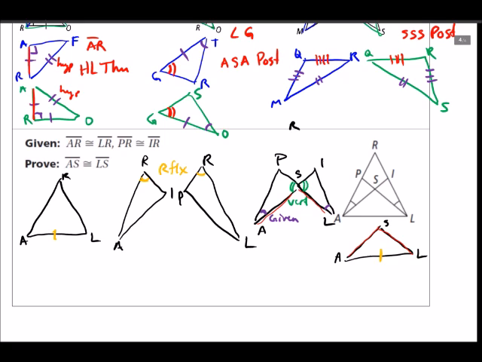Don't know if that's going to help us any, but it's a common side, something we can look at. All right, let's see what we've got. I can tell already there's not enough room to write a proof, but we can see what we're capable of. We've got these angles in these triangles that are given.